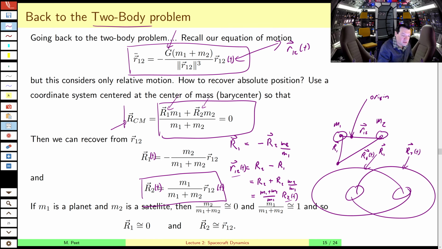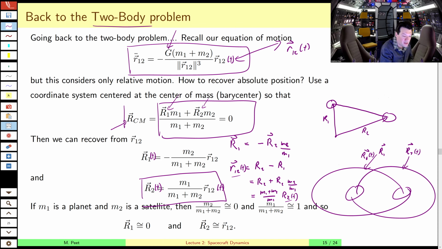So again, if we go back to that picture, I'll just move the coordinate system over here so these things aren't all in a line. R1, R2, and remember, this vector is R12.